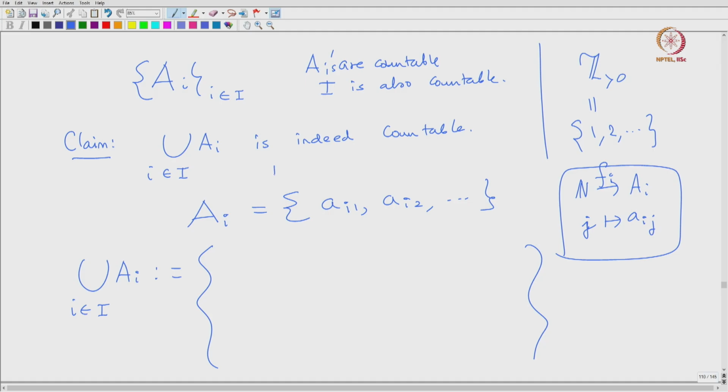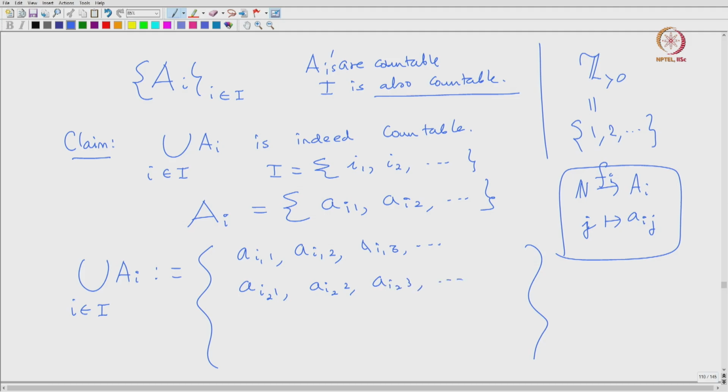If I is indeed countable, then I is also written as I1, I2, etc. So, then you will be having something like AI11, AI12, AI13, etc. I am listing all the elements like this, and then AI21, AI22, AI23, and so on.